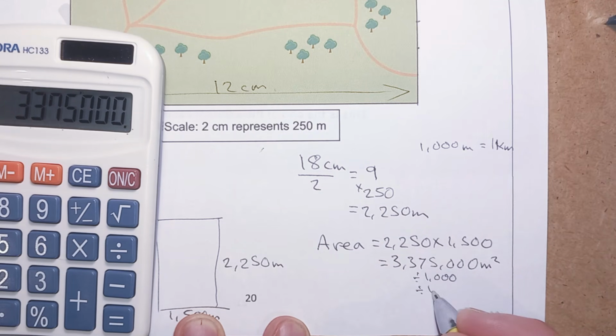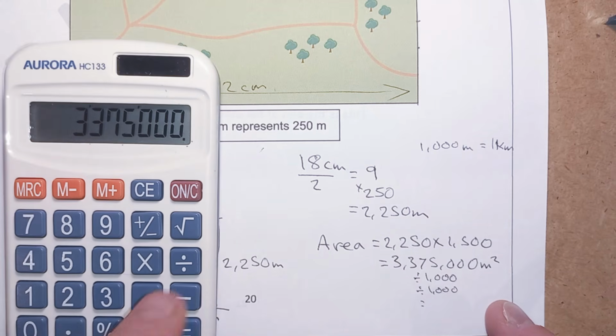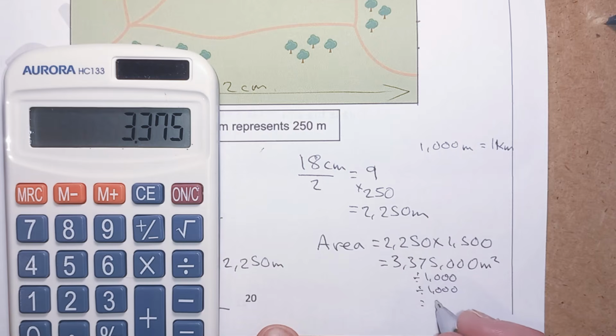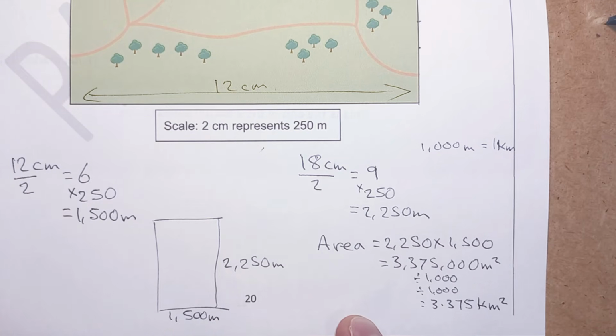We then need to divide it by 1,000 again. Okay, and if you do that, we get 3.375 kilometres squared, or square kilometres. Okay, that's if you've done it on metres.